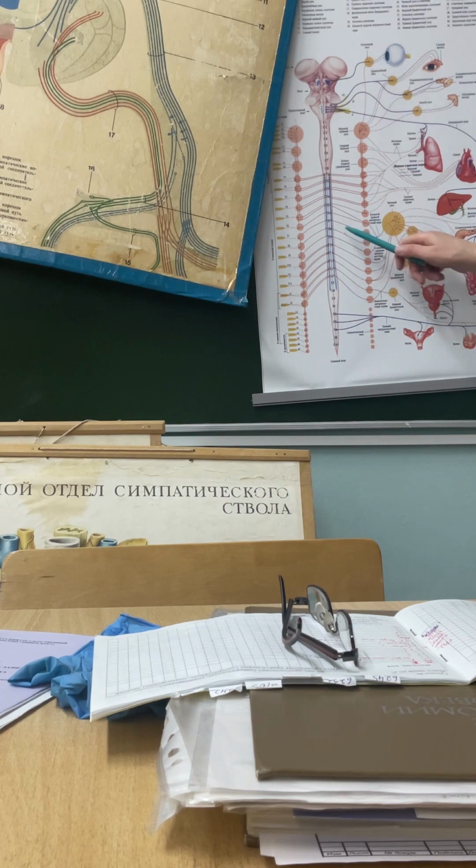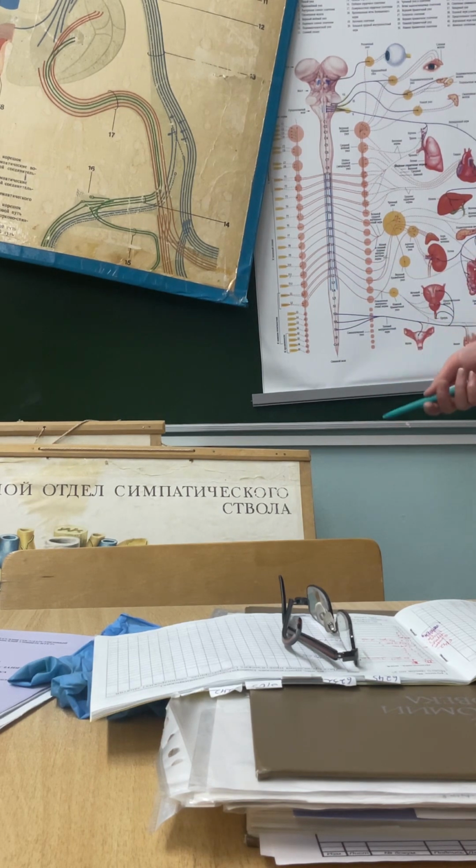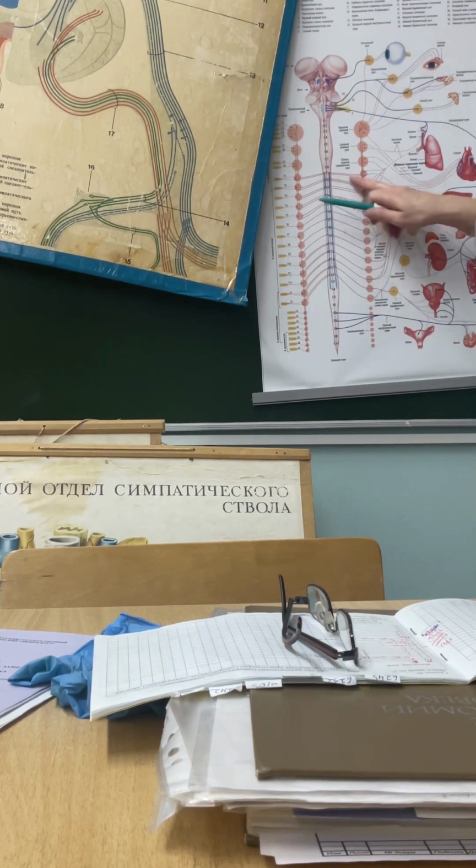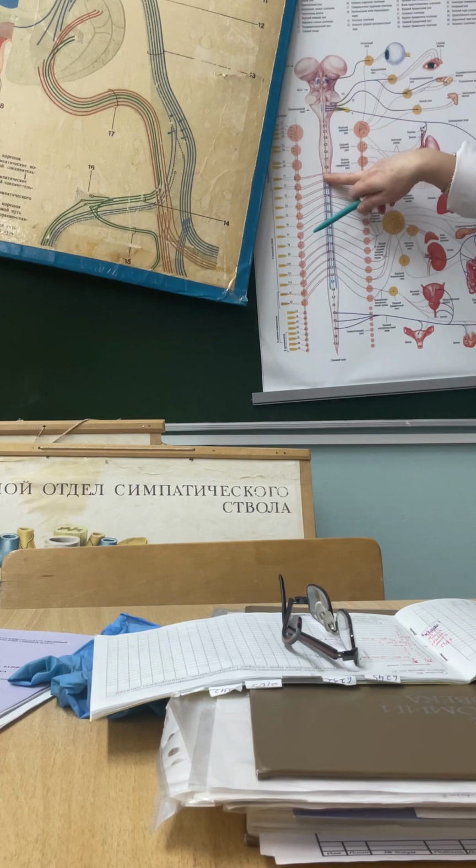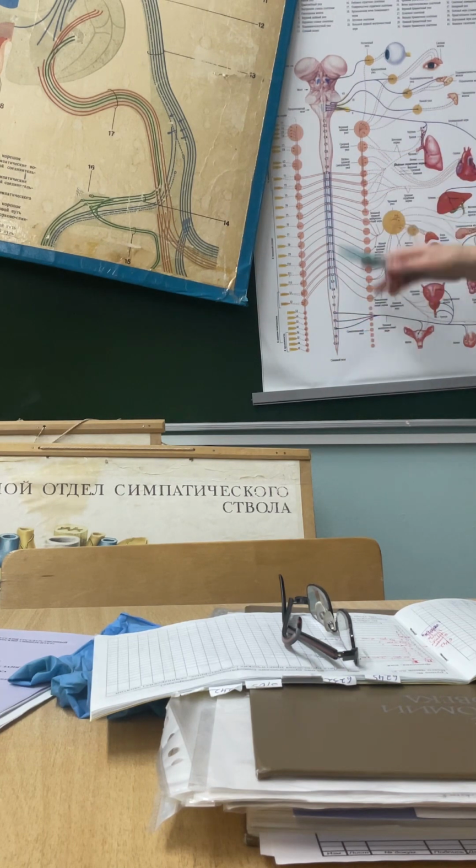Where can we find white rami communicantes? Only in nerves from T1 up to L2 or 3.